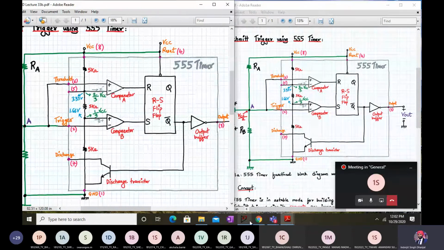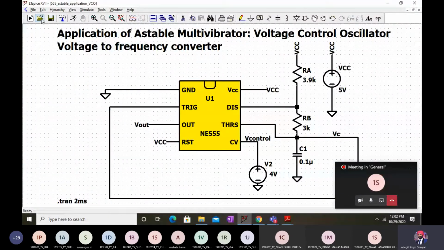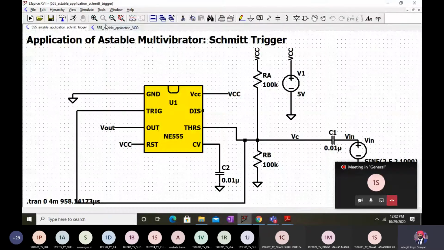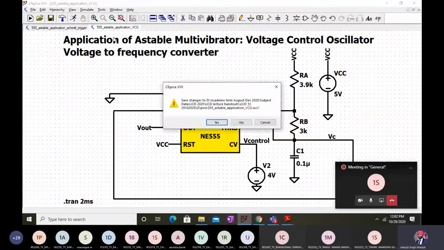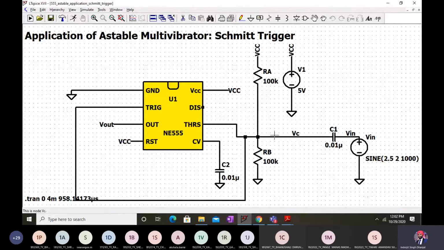Let me show you in the simulation first and then we'll go back to the circuit diagram. In a Schmitt trigger circuit there is one big change here. Across RA and RB there is no capacitor connected.